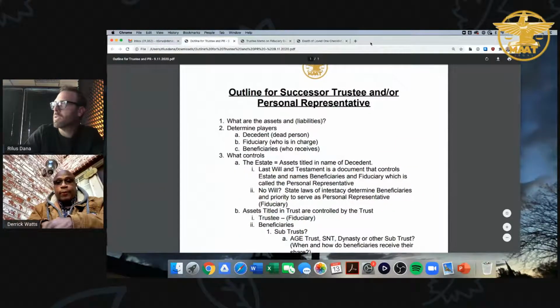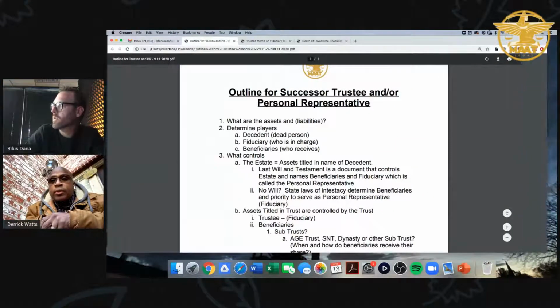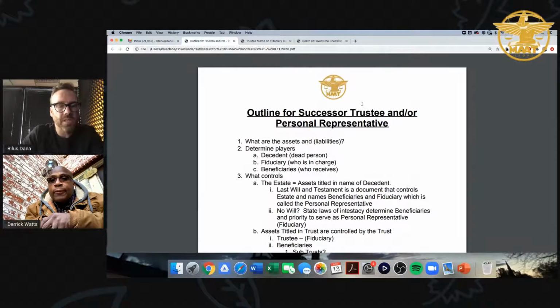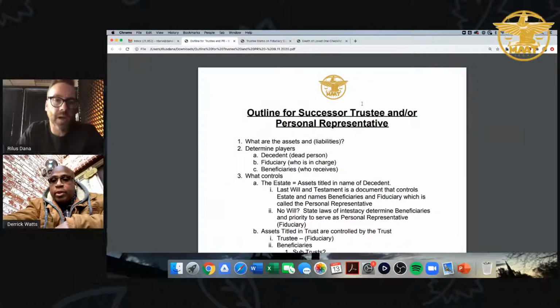Okay. So here's the steps to go through. So here's the outline. I'm going to make this available as a download on montlegal.com. I gave this away to Pace's Mastermind. I've used this tool before in other pieces, but I realized this is a perfect tool for real estate investors.